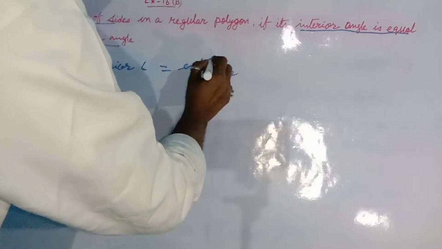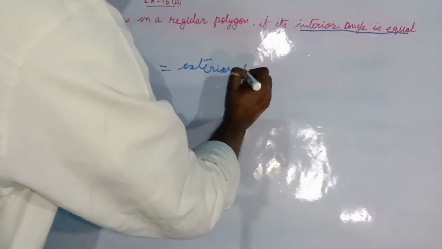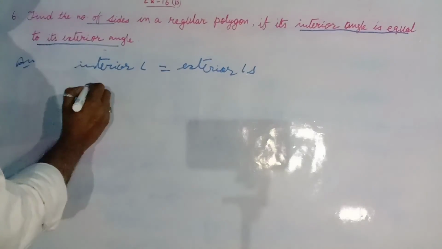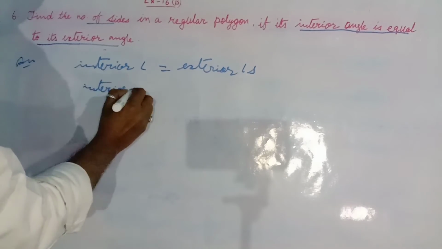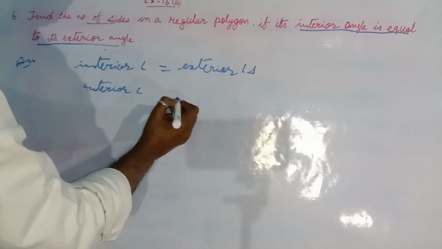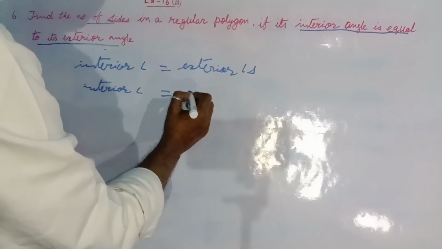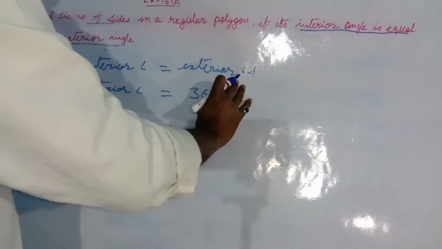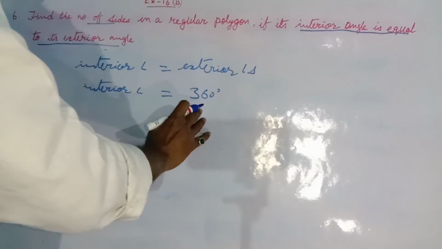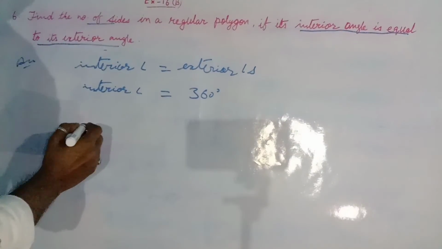It is given in our question. Then interior angle is equal to exterior angle, meaning 360 degrees.